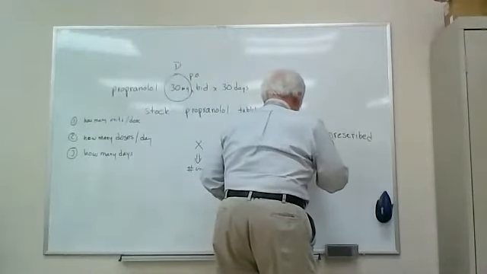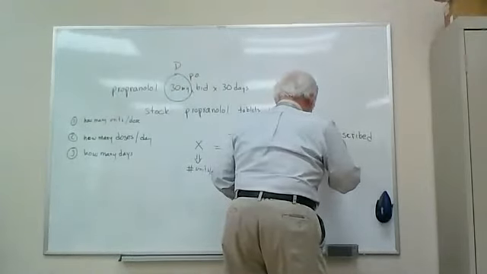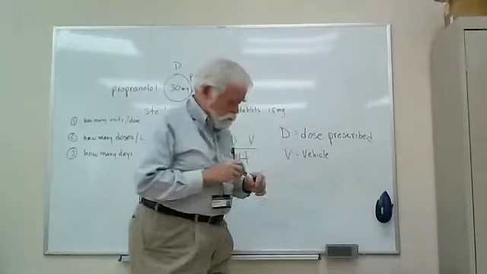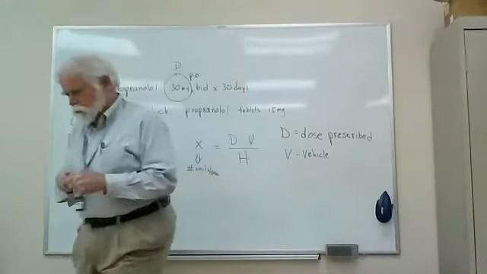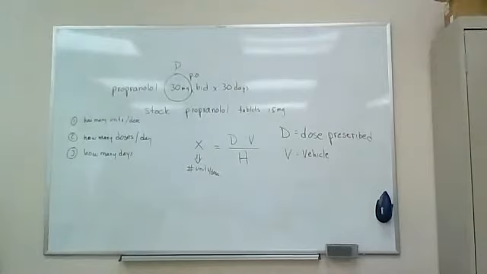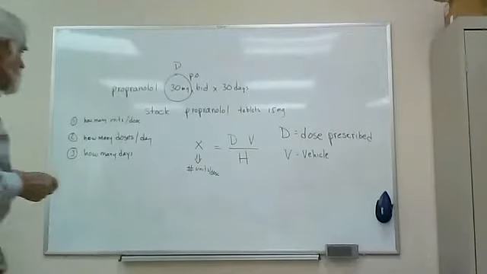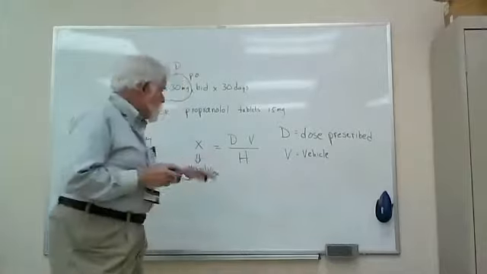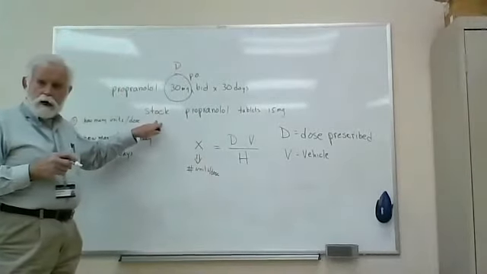V is the vehicle. This can be a little confusing, so I'm going to give you a couple of ways to think about that. The vehicle means what form the drug is in. In this case, the vehicle is tablets. So where do we get that? We get that off the label of our stock bottle.